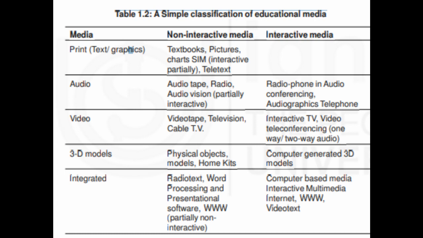Now, let us make a matrix of these 5 categories and the former 2 groups to classify the range of educational media available to us. Table 1.2 depicts the simple classification based on this matrix. Table 1.2, a simple classification of educational media.